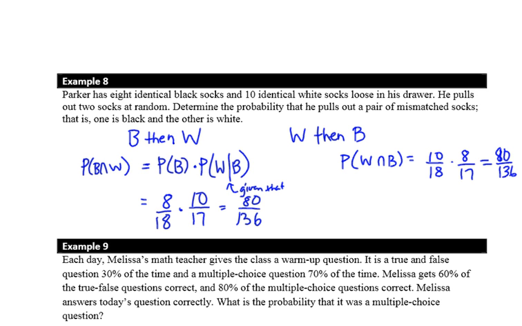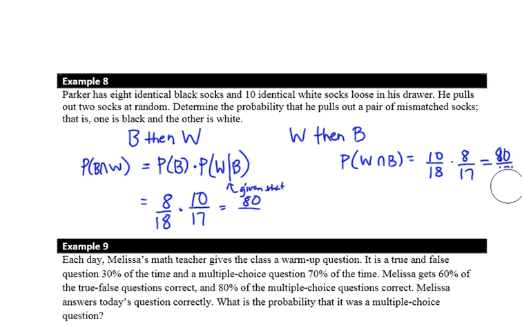So what do we do with these two probabilities? Add them, because it's one or the other, and "or" is addition. So 80 plus 80, 160. 306? I was going to say, that's greater than 1.